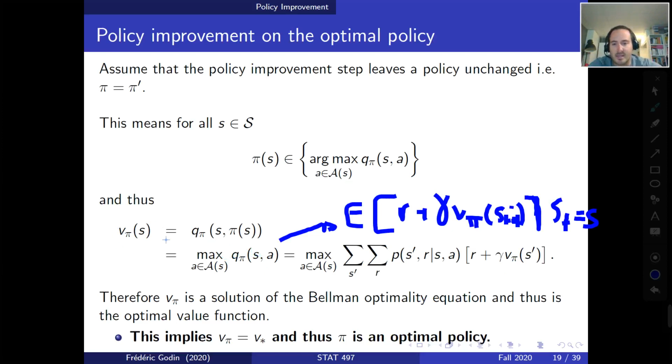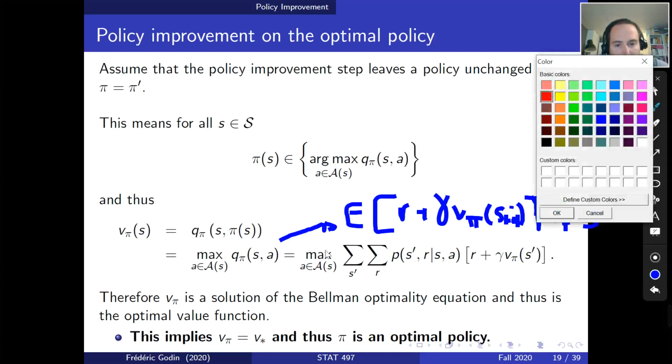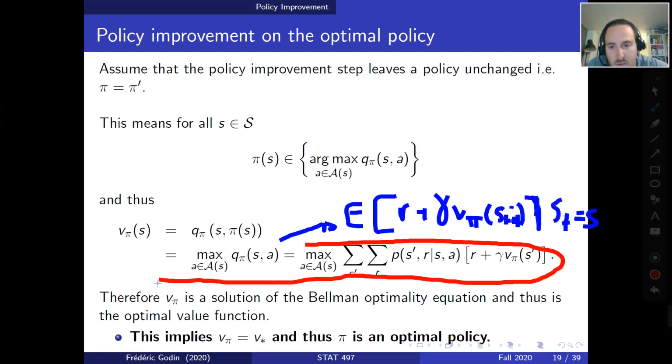So if that's the case, this being equal to this, it's exactly the Bellman equation. If you go back to chapter 3, this is the Bellman equation. Let's change color here. This equality is the Bellman equation, not for an arbitrary policy pi, but for the optimal policy. So it means that pi is an optimal policy.